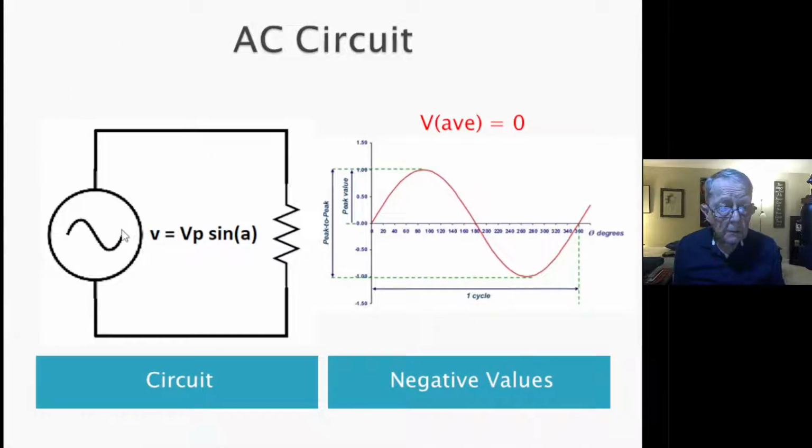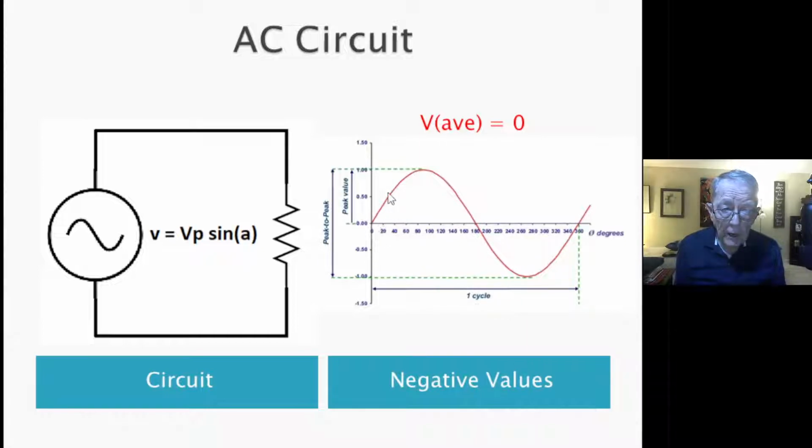Now this is as simple as it gets. This is a signal generator, or you could call it an AC power supply, and it's generally represented with a sine wave. This is a curve for a sine wave, and it has a positive cycle and a negative cycle.